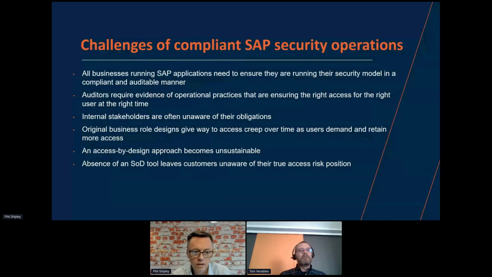Internal stakeholders are often unaware of their obligations, and stakeholders are from the board, the risk committee, through the C-suite, right down to the end user.